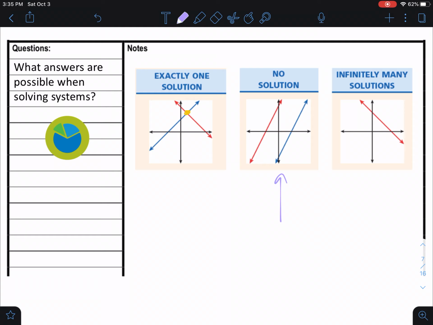And in the last picture, if you have two lines that are coinciding, in other words, right on top of each other, then they would intersect everywhere. So you would have infinitely many solutions, everywhere on that line.